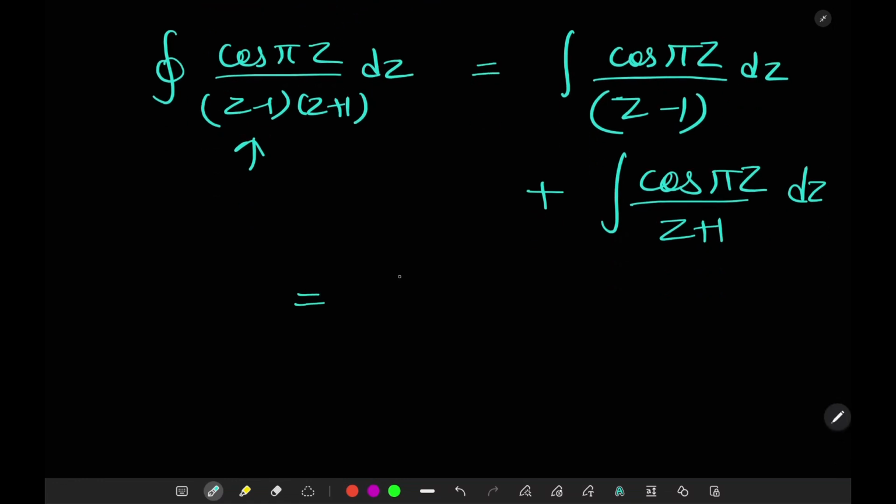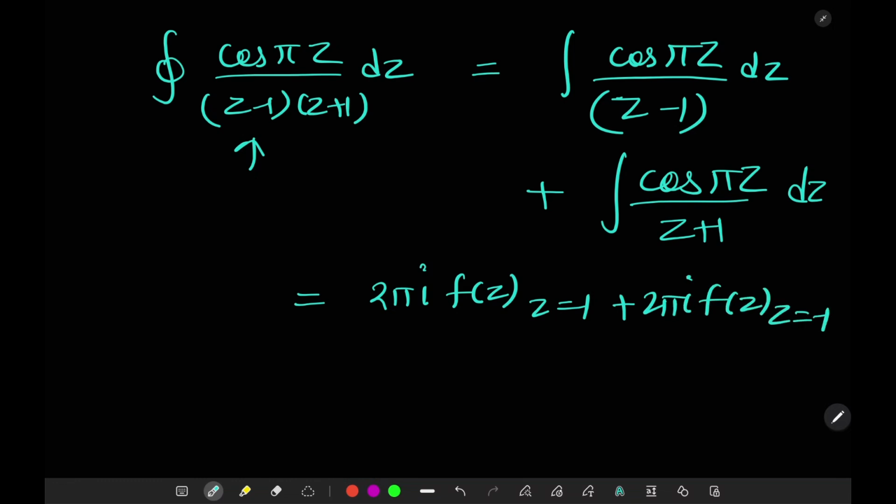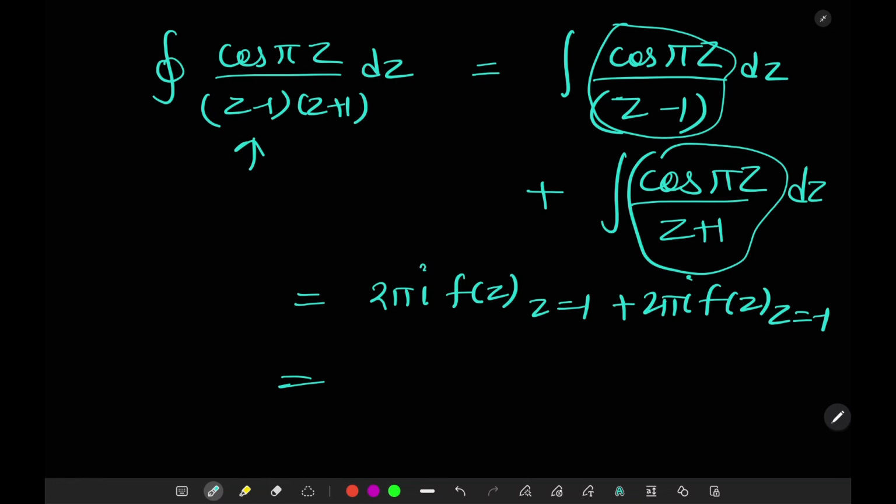Now using Cauchy's integral, at z equals 1, plus 2 pi i f(z) at z equals minus 1. Here this is f(z), and this is also f(z) for this case.